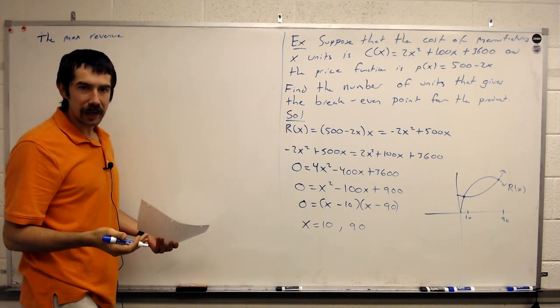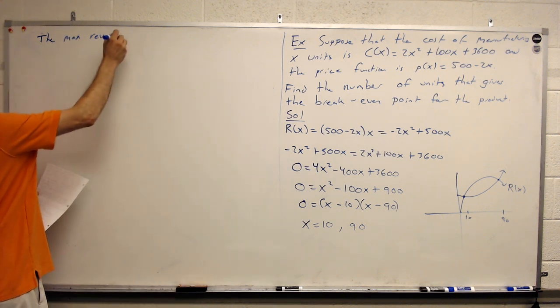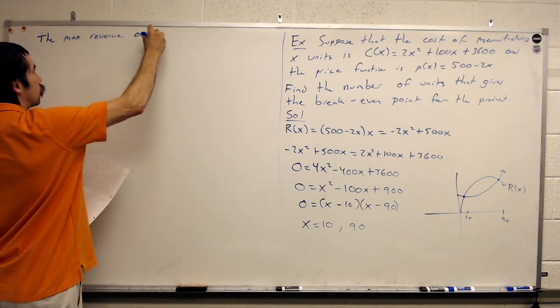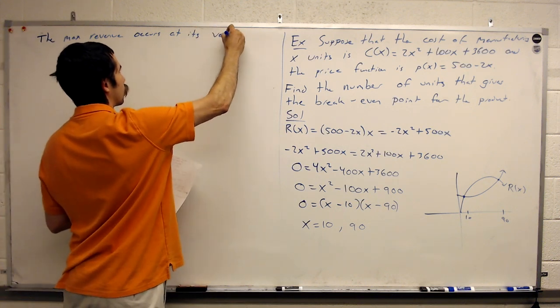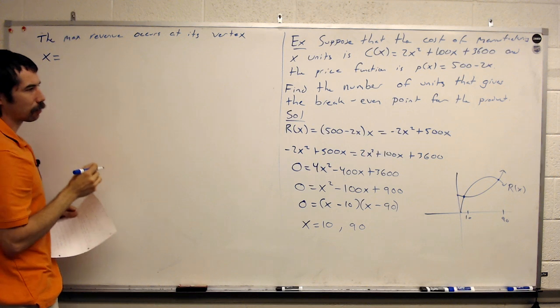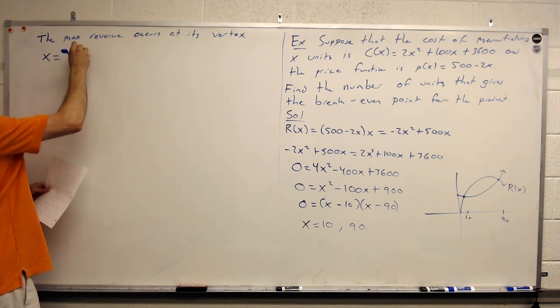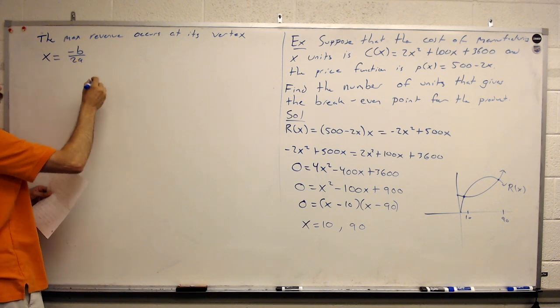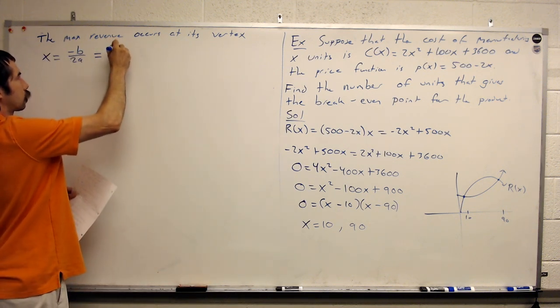We need to find the vertex of the revenue function. So it occurs at its vertex. And so that means the vertex is when x equals negative b over 2a. Negative b is negative 500.